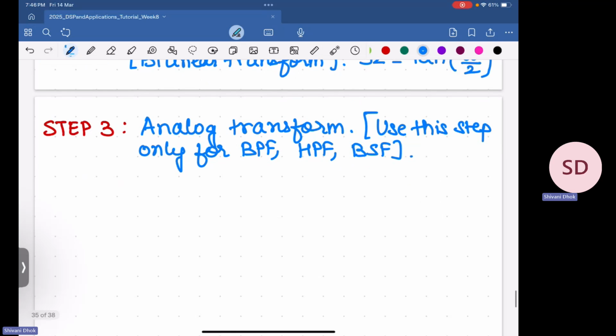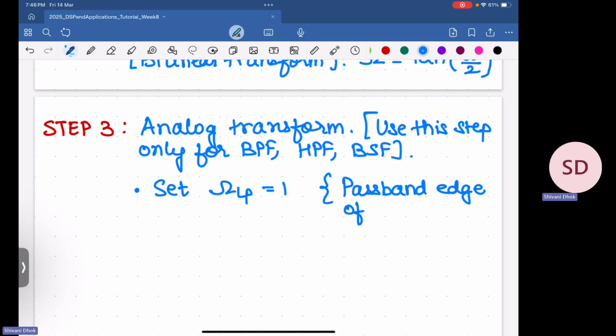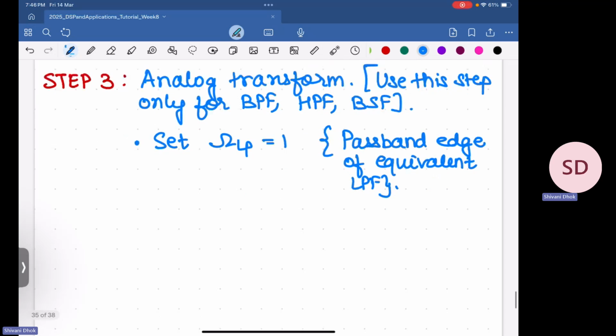So what we do in this is we set omega LP as 1. So this is the pass band edge of the equivalent low pass filter, and we set omega LS as follows.